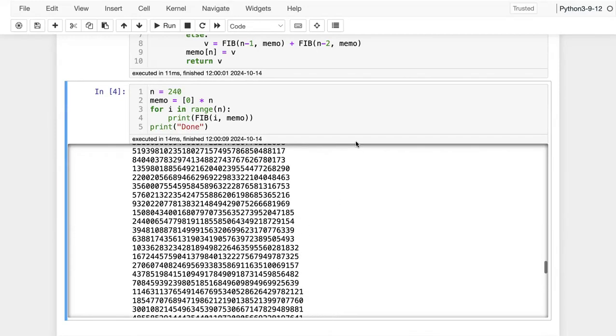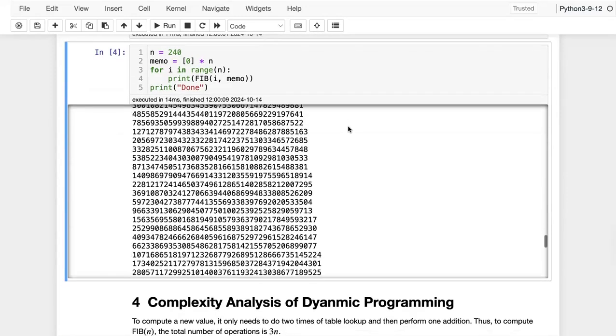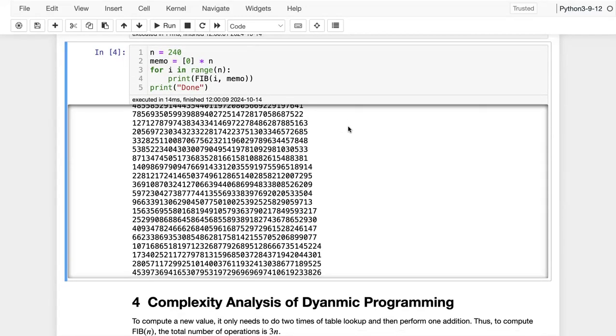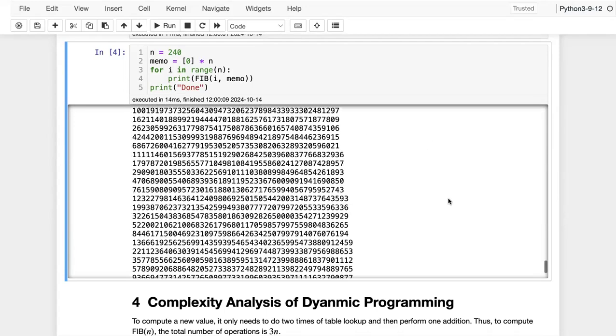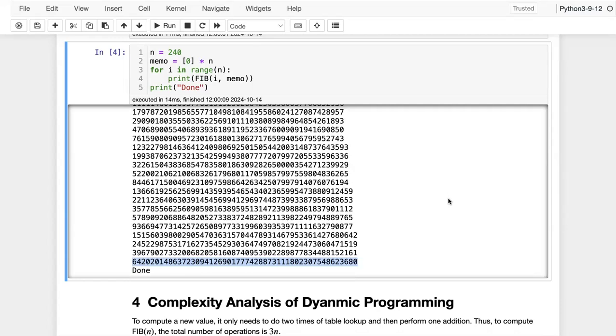Why is it the case? Because it's linear time. Why is it linear time? We just need to figure out that each subproblem is computed once. And how many subproblems do we have?